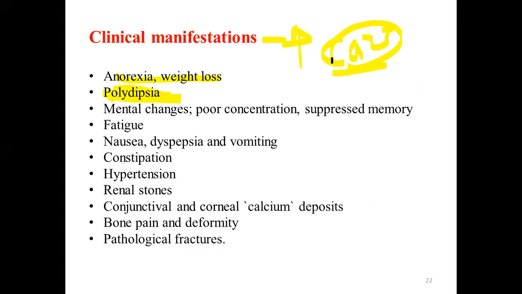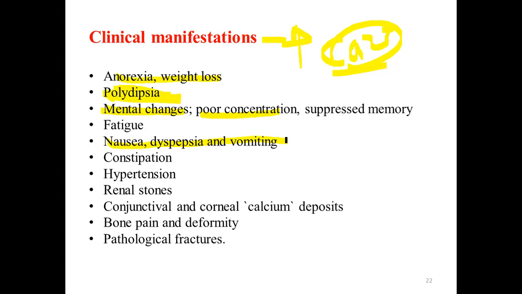Then, with mental status change, poor concentration and suppressed memory are very common. Then when the calcium level is very high, it can actually activate the vomiting center. Nausea, dyspepsia, and vomiting are very common.